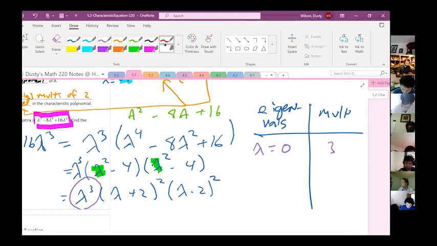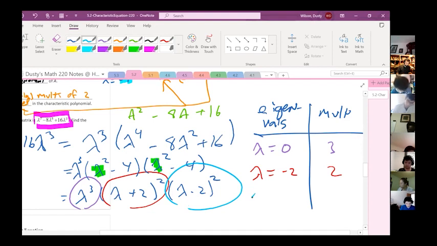Thanks everybody. And from here we have lambda equals -2 with multiplicity 2. Thanks everybody. And last but not least, we have lambda equals 2 with multiplicity 2.